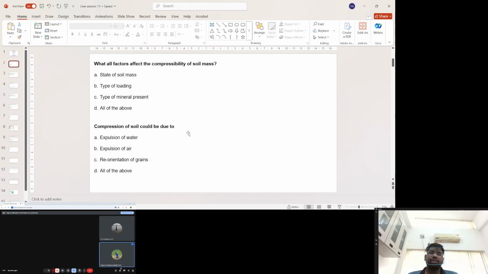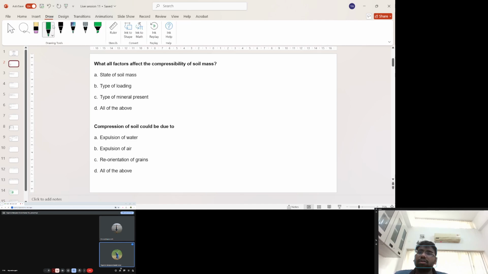Okay, fine. Now let us analyze each of the options. How are we coming to that conclusion? The first option is state of soil mass. What does state of soil mass mean in this context? Saturated, unsaturated, yes, this is one case.